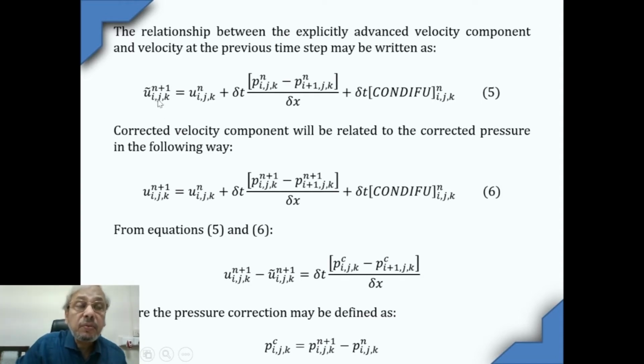These are provisional because these have not satisfied continuity, and another reason is these have used pressure which is at a level n. So conceptually this is the correct equation, although for calculating provisional velocities we are using equation 5.